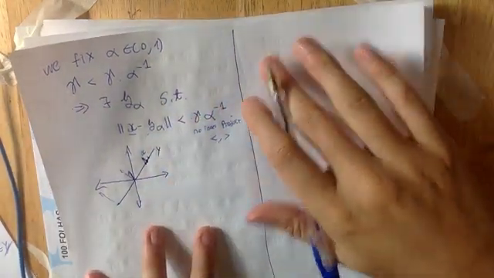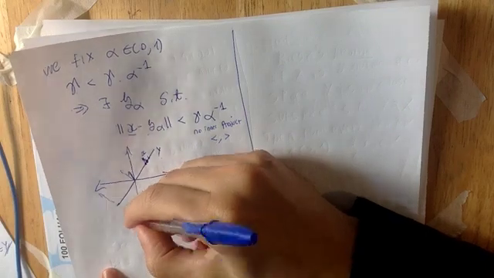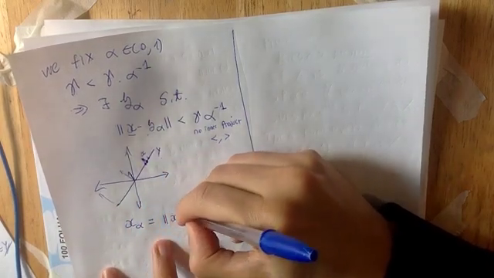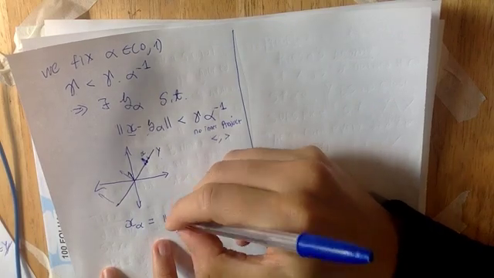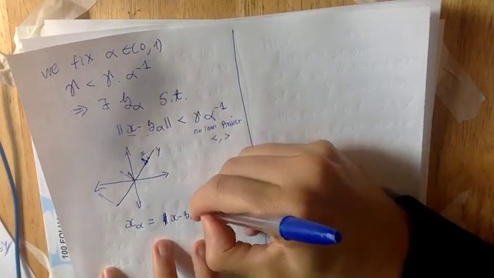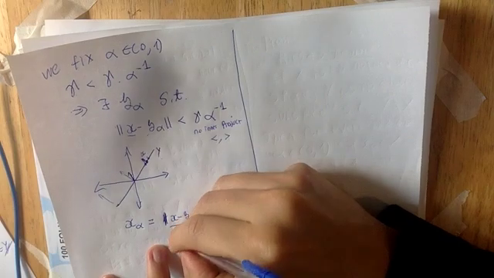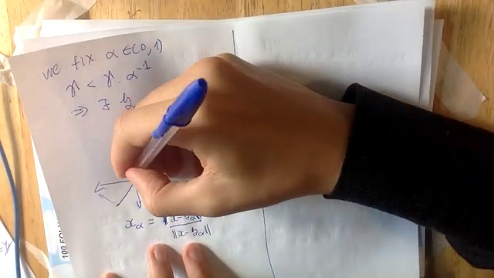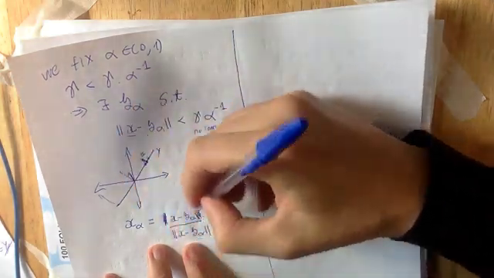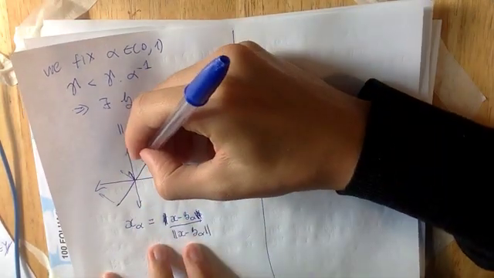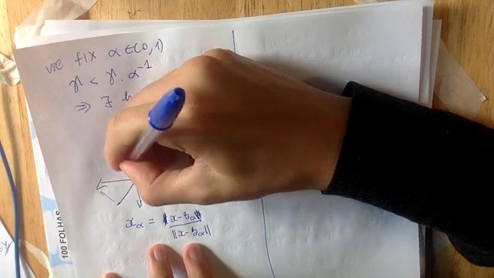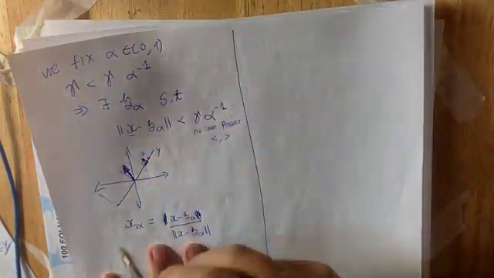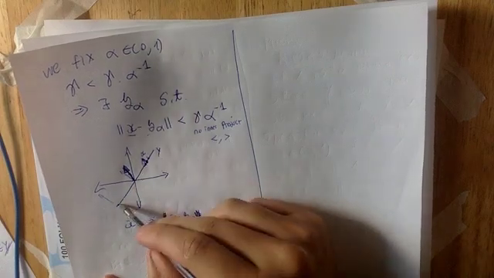So the vector x alpha that we're going to choose is going to be x minus y alpha, over the norm of x minus y alpha, okay? So the idea is that once we normalize this, we are going to get a direction in the unit sphere which is almost perpendicular to the direction of y.